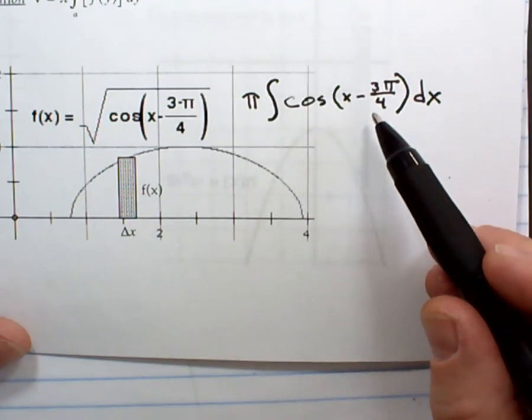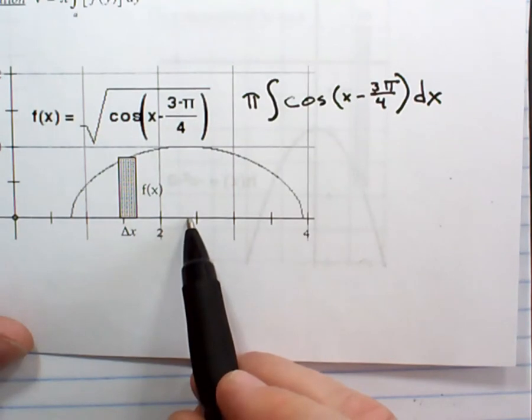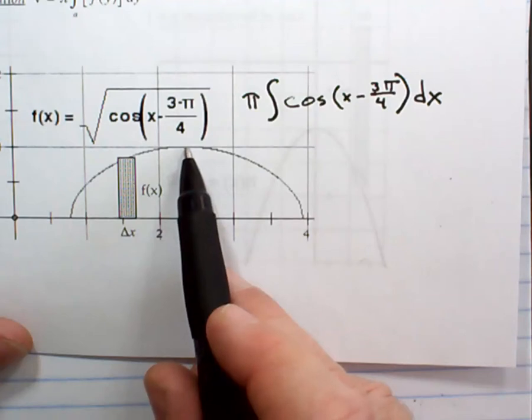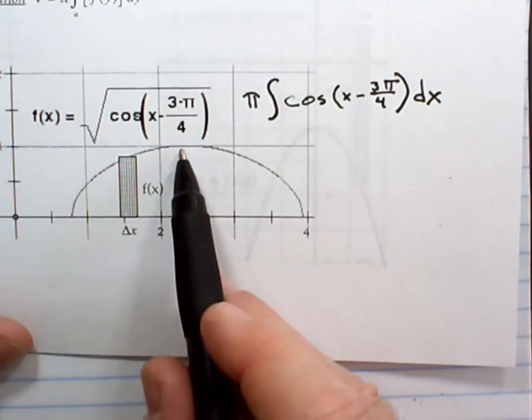Two point what? 356. So right here, would you say that's about 2.356? Correct? So this shifted from here 3 pi over 4, correct?